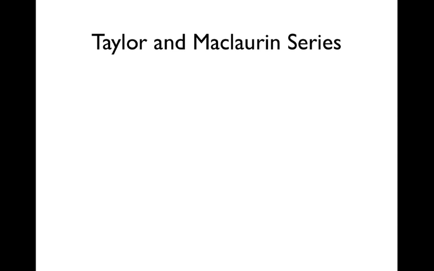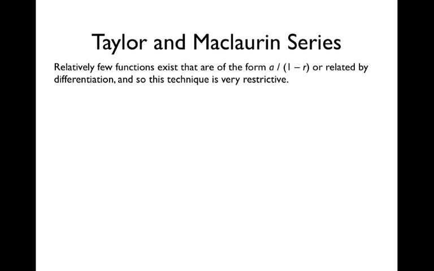And that's where Taylor and Maclaurin series come in. So we say that relatively few functions, of all functions, are of the form a over 1 minus r, or related to that by differentiation. So the technique we've been doing so far is kind of restrictive.